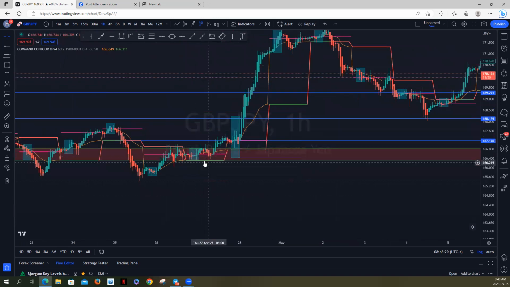See, price breaks out of the zone, you would set your stop loss right by the ZAP zone. And as price breaks and retests, that's your target. And you see it hits all the command contour levels. And let's see what the risk to reward is there. That's the short position.